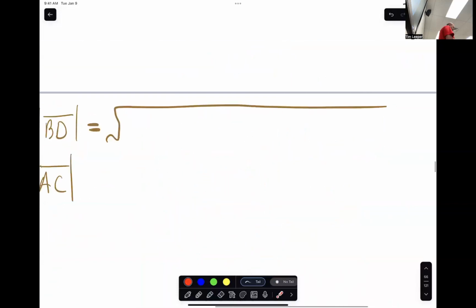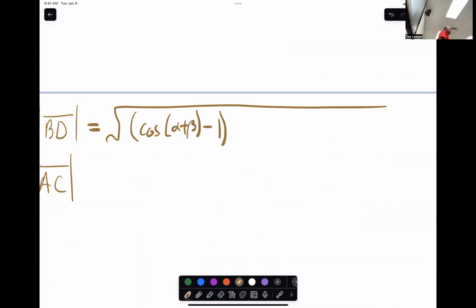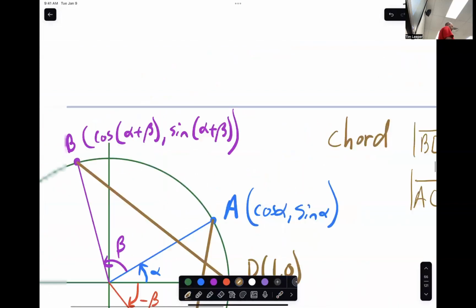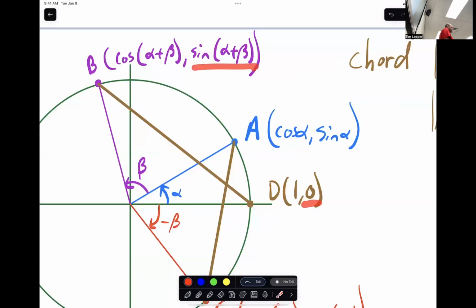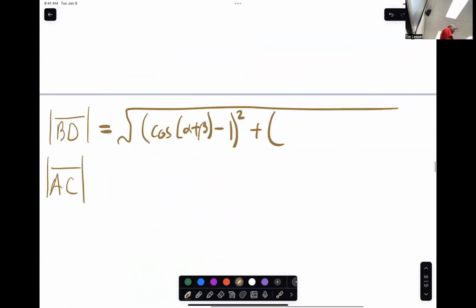So this is going to become, in parentheses, cosine of alpha plus beta minus the x coordinate of D, which is 1, all squared, plus sine of alpha plus beta minus 0, all squared.